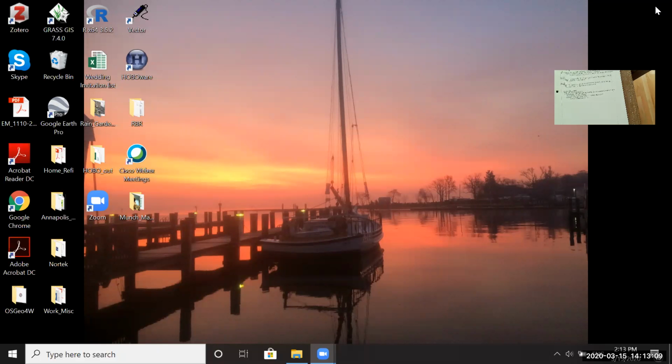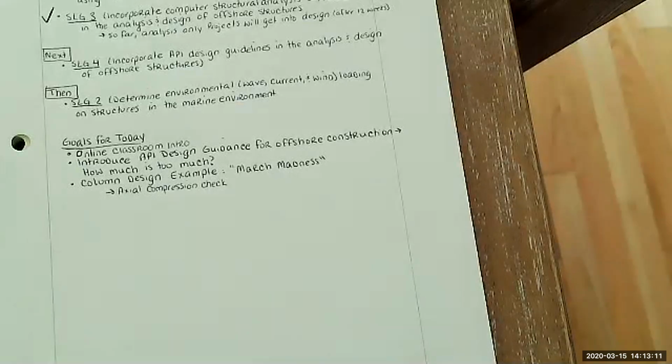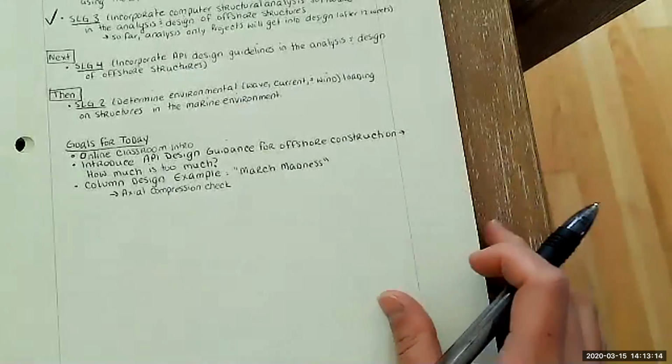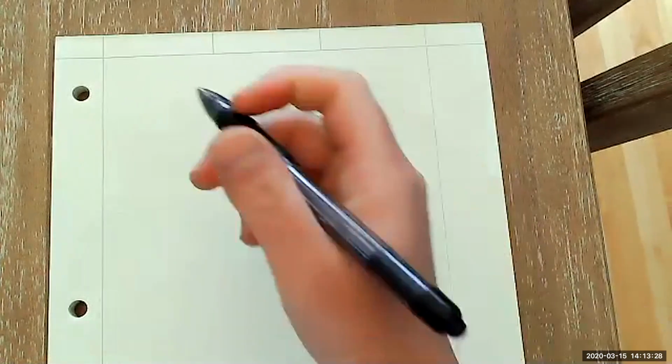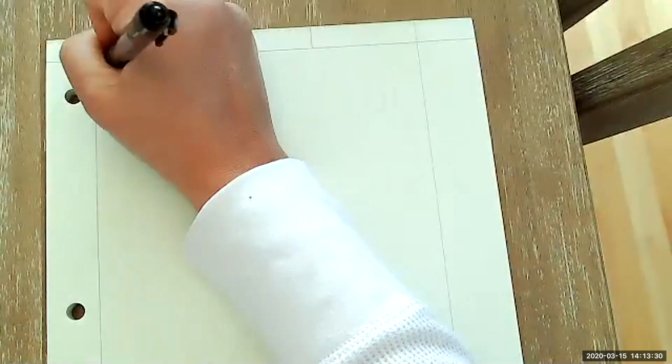So I'll stop sharing and go back to the notes. And so here's where we'll see how this goes. I'm going to try to just take the notes as usual, and then we can see how we can adjust. Let's touch base in office hours as we go.